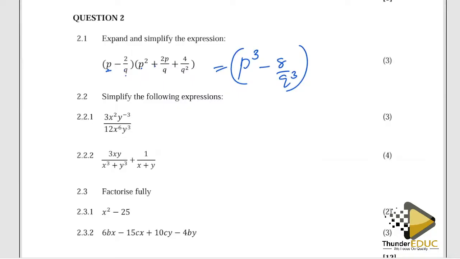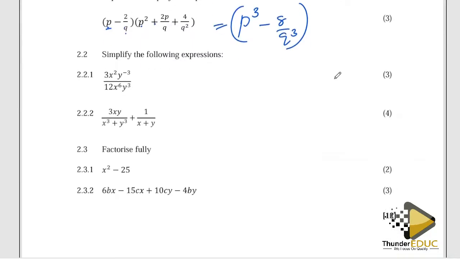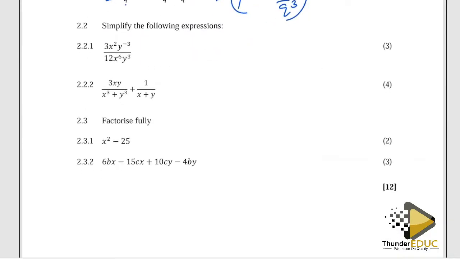Then 2.2, they want us to simplify this. This paper is coming in dynamite and small packages. It's a dynamite paper. With this sort of exponents, let's deal with the coefficients separately, and then we look at all the other numbers as well. So we have 3 over 12.